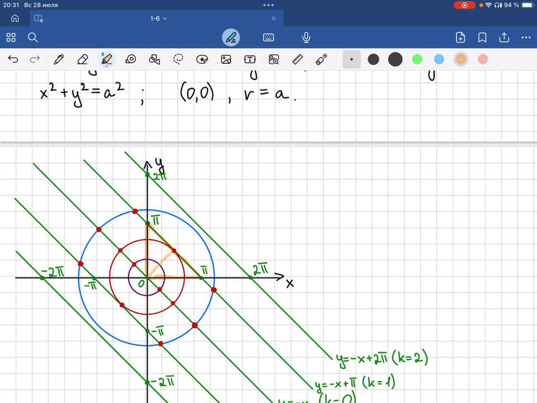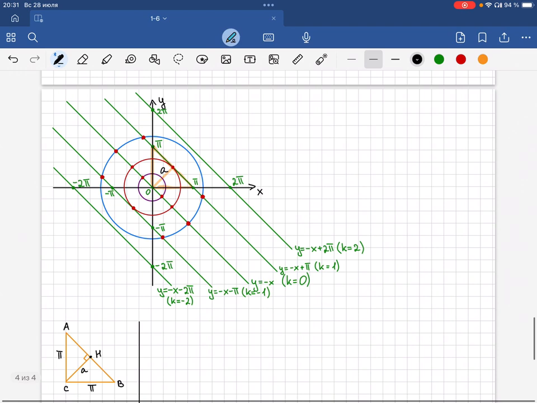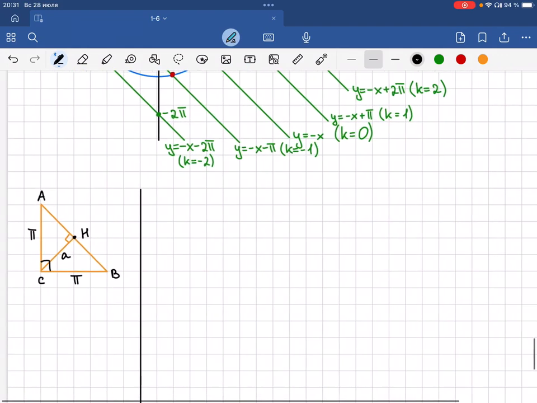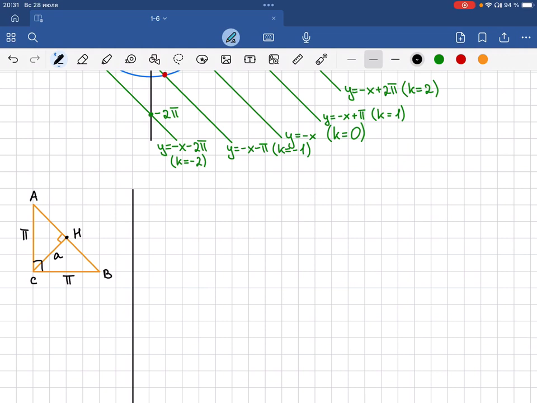So where do we have our radius here? This one is a. Okay, so this is our rectangular triangle. This is A, C, B, and this point is H. Okay, and we want to find our a from here. Let's focus on the triangle ABC.